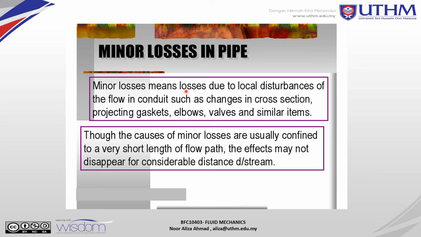Minor losses mean losses due to local disturbance of the flow in a conduit, such as change in cross section, projecting gaskets, elbows, valves, and similar items. The causes of minor losses are usually confined to a very short length of flow path. The effects may not disappear for a considerable distance downstream.